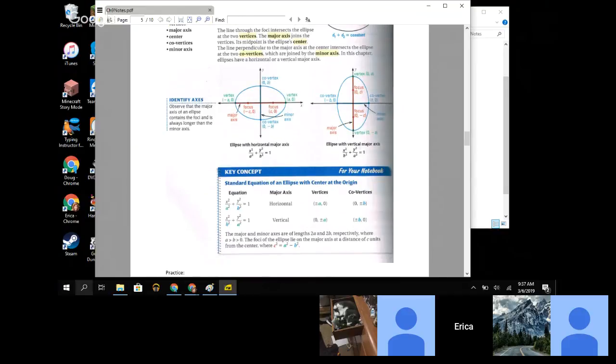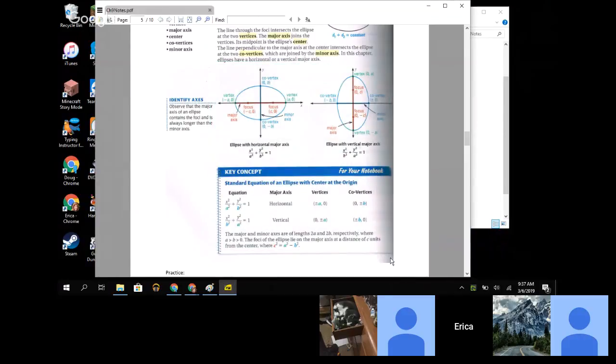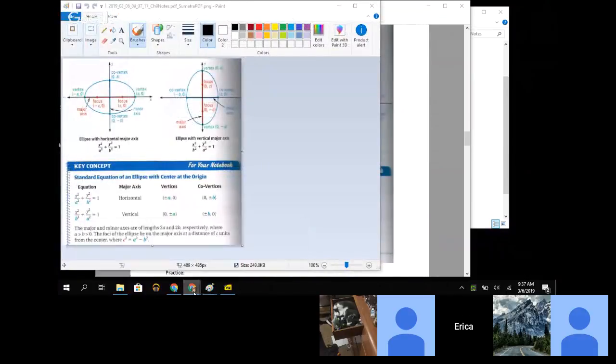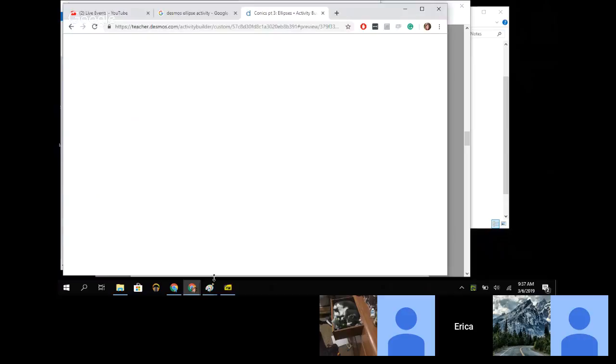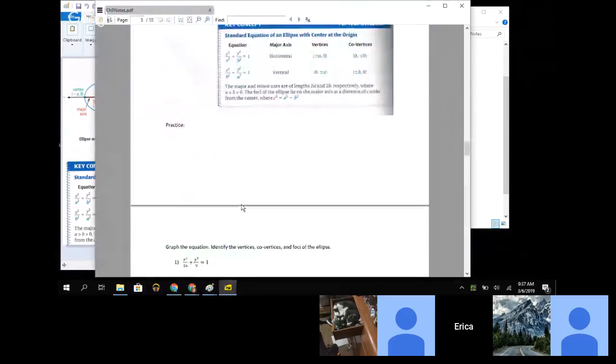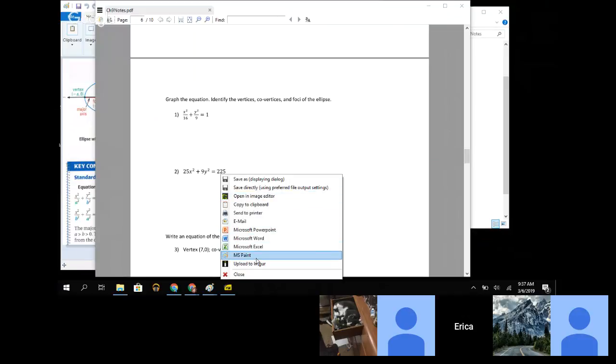Okay, so I'm going to print screen this. We want to graph the equation and identify the vertices, the covertices, and the foci of this ellipse.